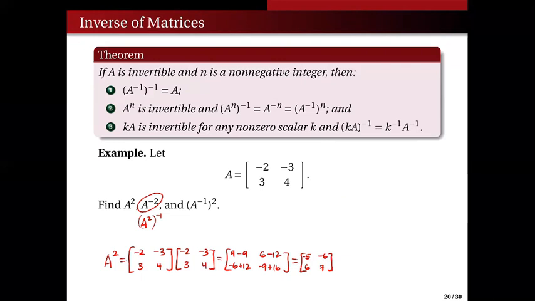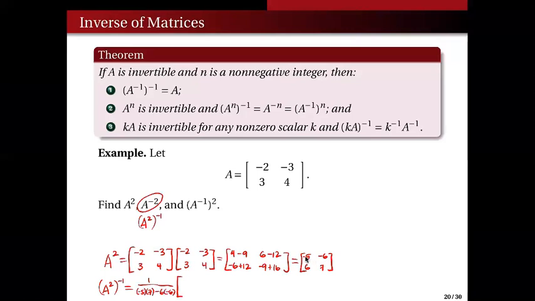And then let's calculate A squared inverse. So we have 1 over negative 5 times 7 minus 6 times negative 6.